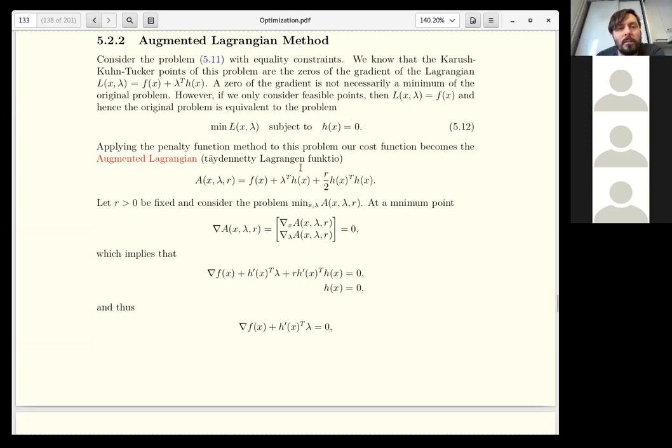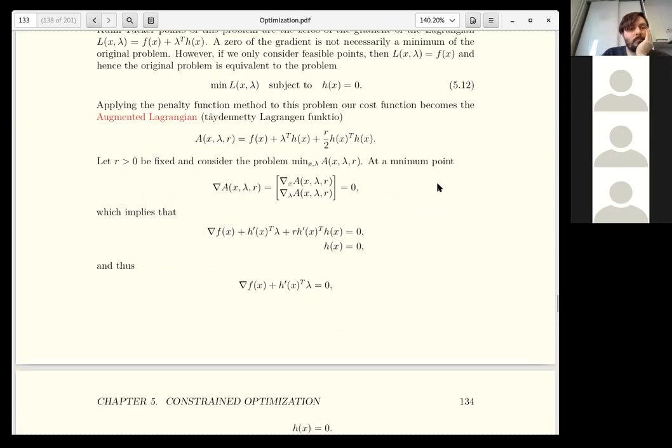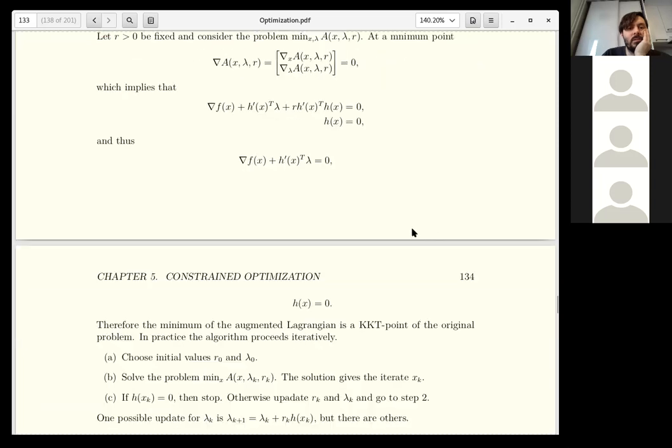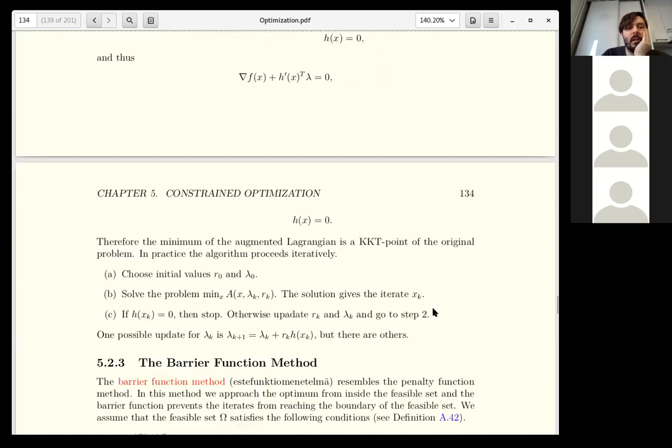Here would be the usual Lagrangian, right? But here's a quadratic term that has the penalized function, so that we want this to be as small as possible. And then we can just do the Lagrange method, and we can find the KKT points of the original problem.